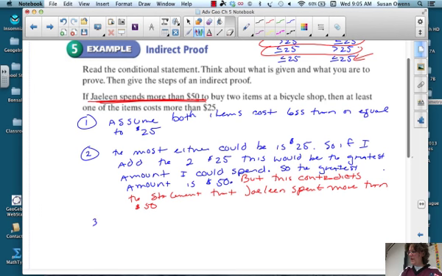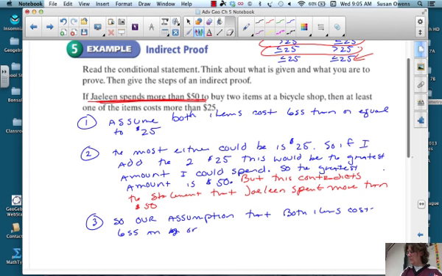So our assumption must be false, that both items cost less than or equal to $25 is false.